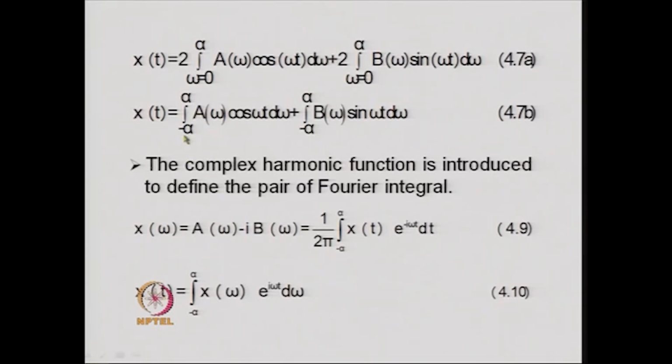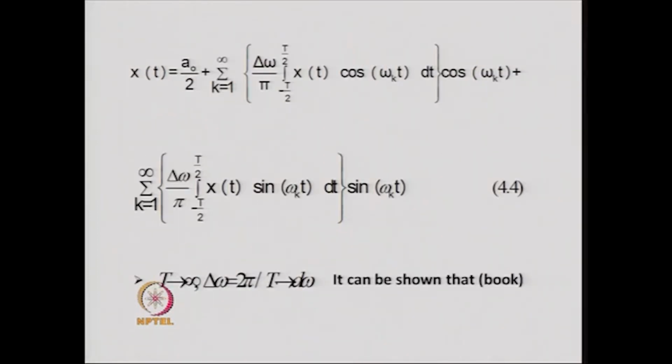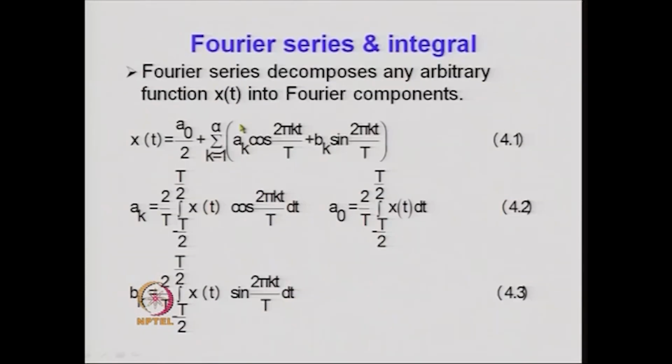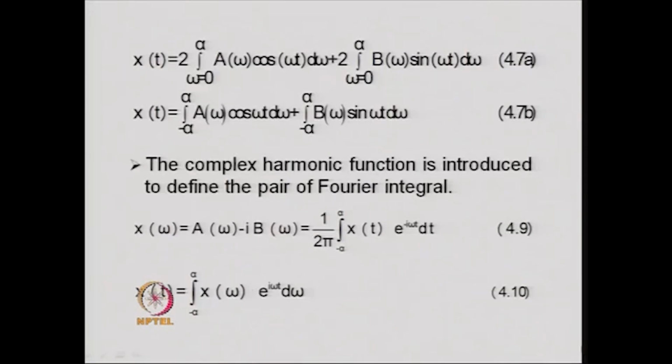With this definition of x(t), a(omega) and b(omega) are obtained from the expressions for a_k and b_k, which take the form of a(omega) and b(omega).